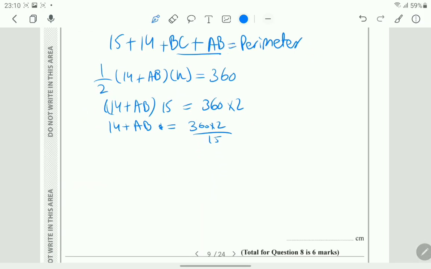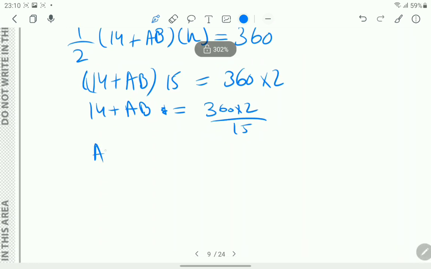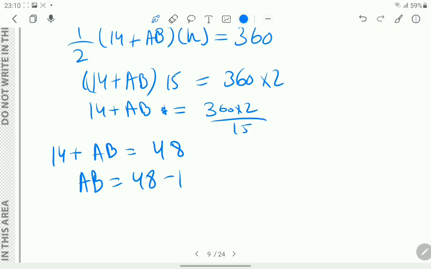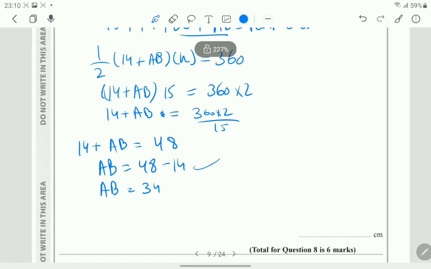So I'm going to solve it just so it doesn't get any more messy than it already is. It gives us 48. AB equals 48 minus 14. I'm showing maximum steps here for your understanding. You can obviously cut this short in your exam.